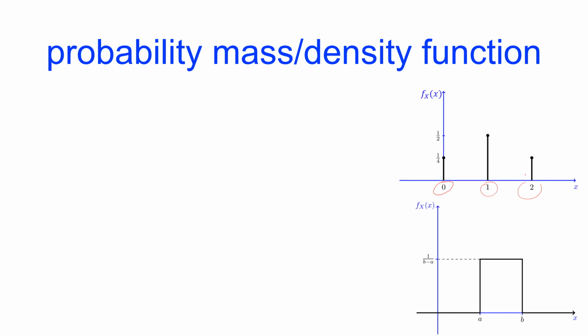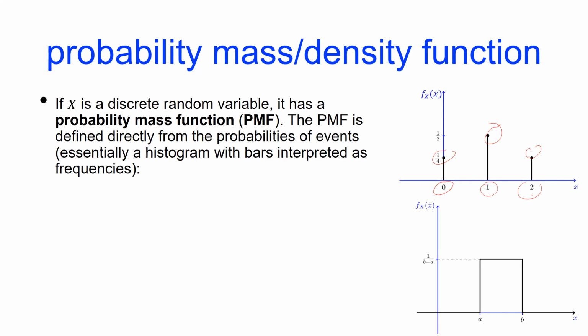For each of them, we can assign a likelihood. Say, for outcome 0, there is a quarter chance to happen, half chance for 1, and a quarter chance for 2. This is what we call the PMF, the probability mass function. You are counting these discrete outcomes, and for each outcome you get a probability value.